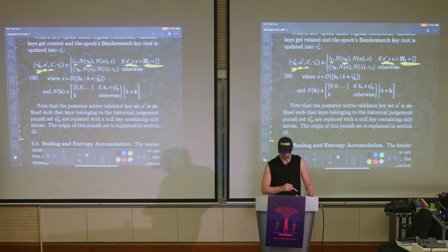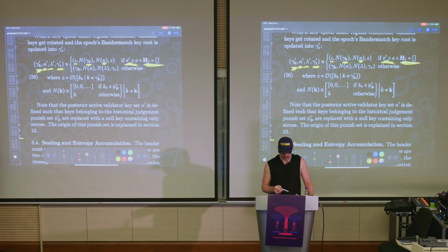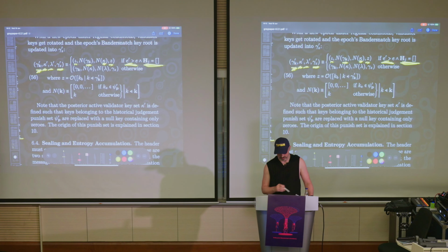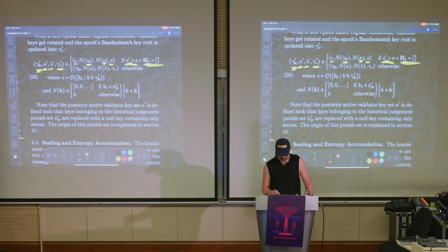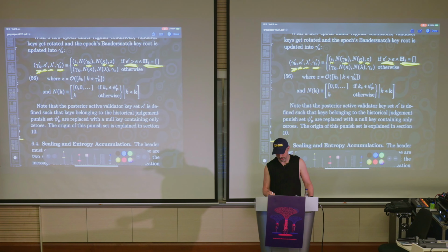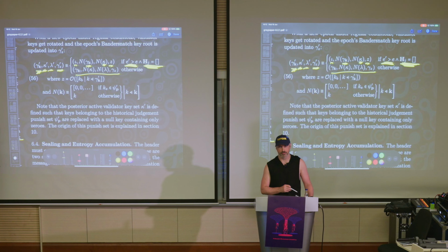Our new old keys takes its value from our previous current keys. And finally, the ring root, our new value for the ring root, takes its value from Z, which we're going to show in a second. If it's either not a new epoch or we do have some judgments, then the keys remain the same.